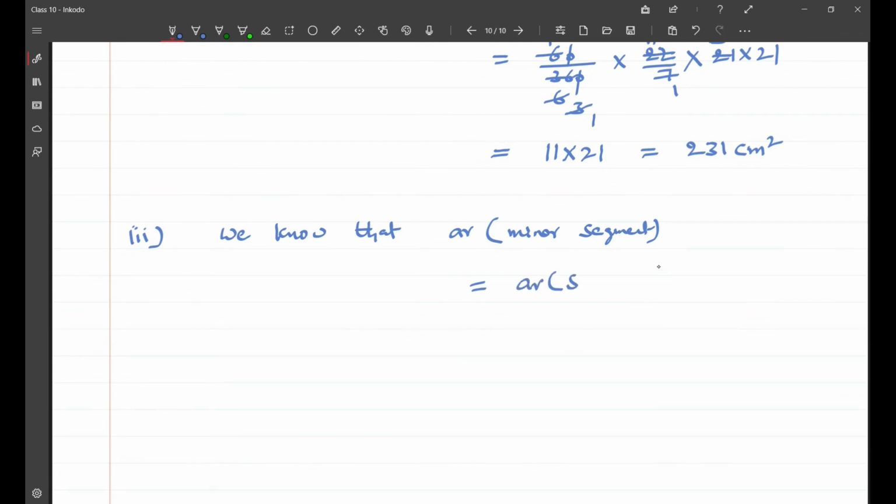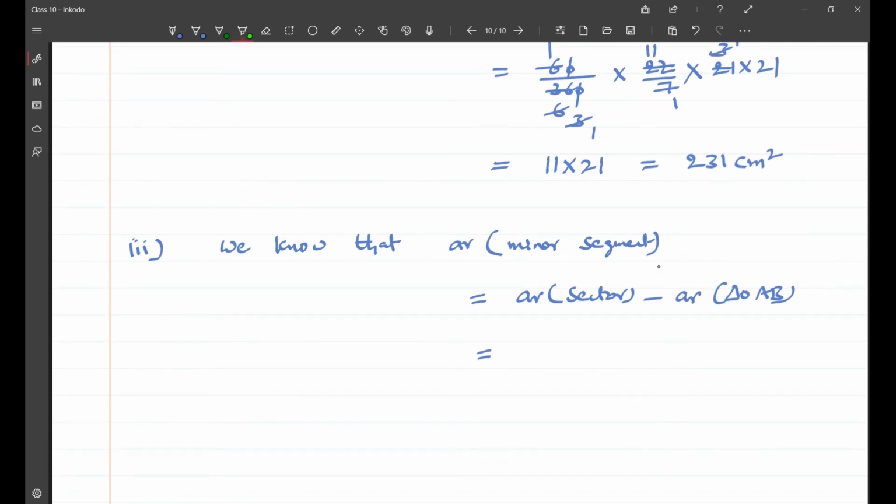Area of sector minus area of triangle OAB. Again, we no need to write the formula of area of sector, that we have already found in previous part, that is 231 centimeter square. I am replacing that value. 231 centimeter square minus area of triangle OAB, that is r square by 2 sine theta.